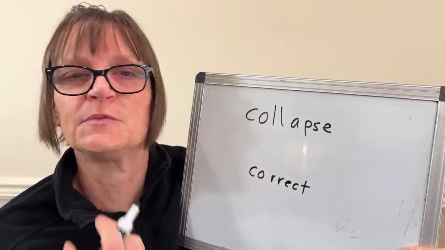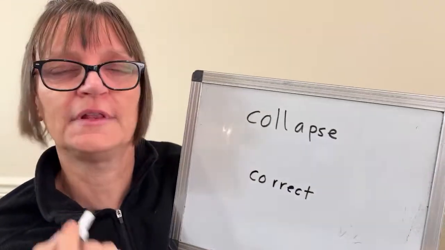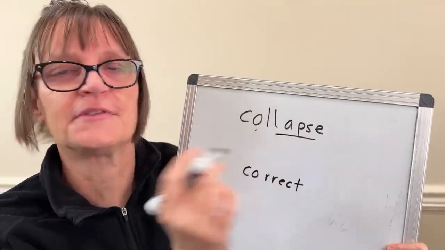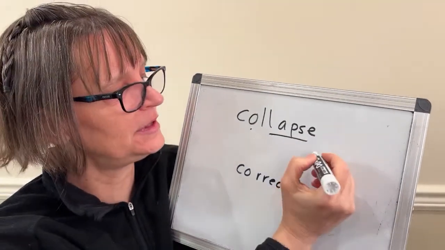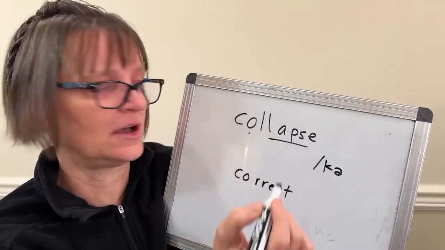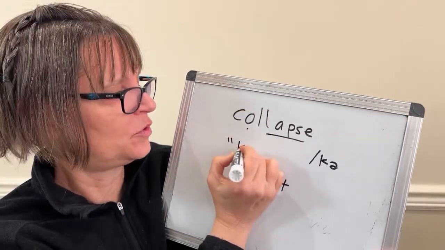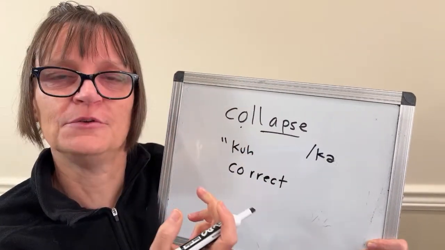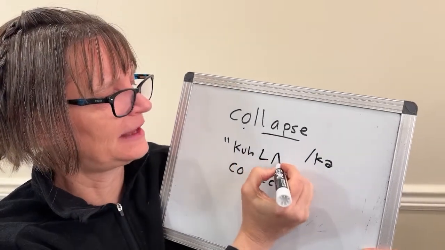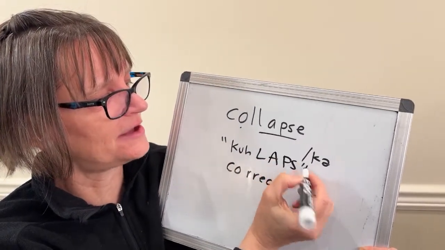So both of these words are examples of the letters CO being unstressed. So in collapse, the stress falls on the lapse syllable, which means my letter O is going to be the schwa sound. It's going to sound like uh. So if we spelled it more the way it sounds, we would write it with a U or UH, like kuh-lapse. And then we have the lapse sound.